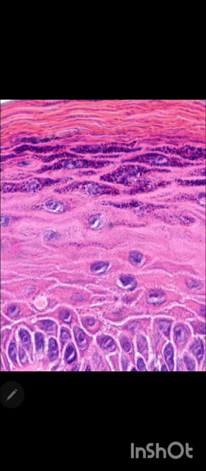In the next diagram, the keratinized stratified squamous epithelium means the topmost layer of this type of epithelium has almost dead cell layers, meaning there are no nuclei present in the cells on the topmost area, and the topmost layer is the most flattened. Near the basement membrane area the nuclei are almost spherical.